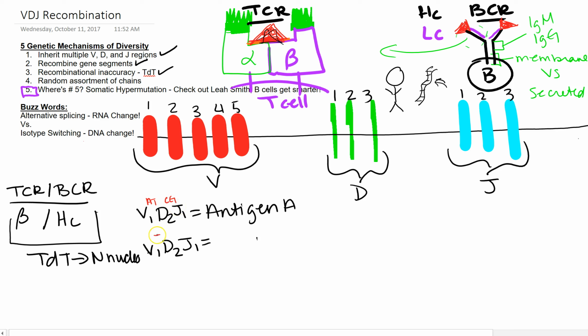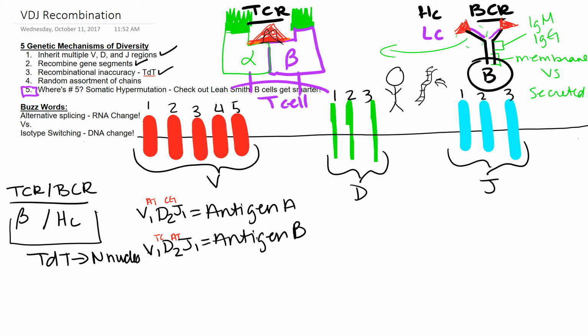This one is going to be a totally different set. And just by virtue of having these extra nucleotides, now we're back to this one being specific for antigen A and this one being part of the complex that will be specific for antigen B. So once again, we've increased our diversity.